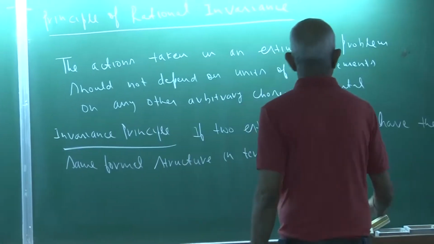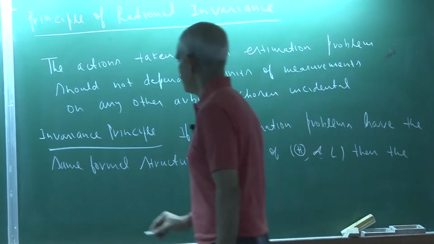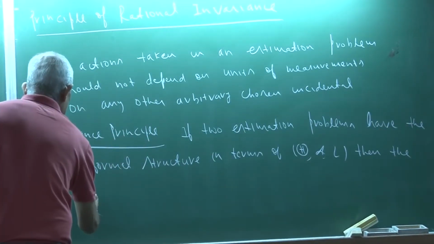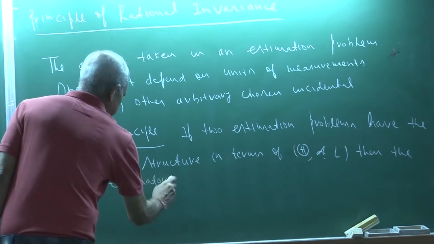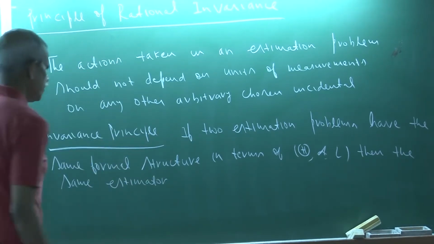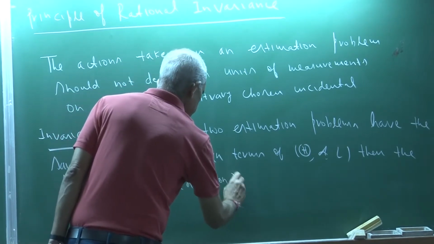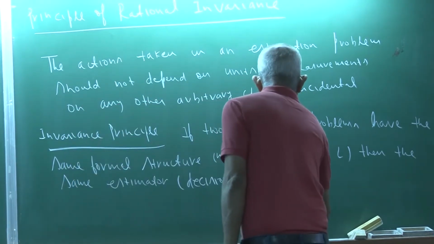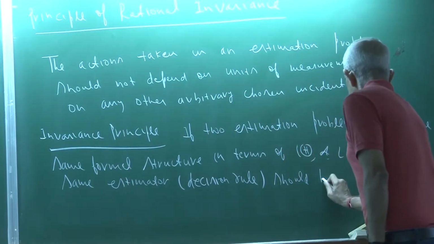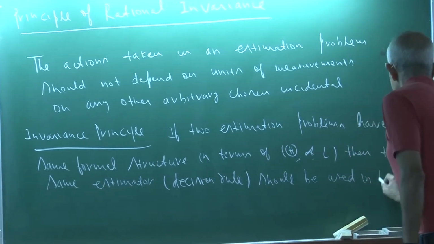Then the same decision rule or same estimator, in decision theory an estimator is called a decision rule, should be used in the two problems.